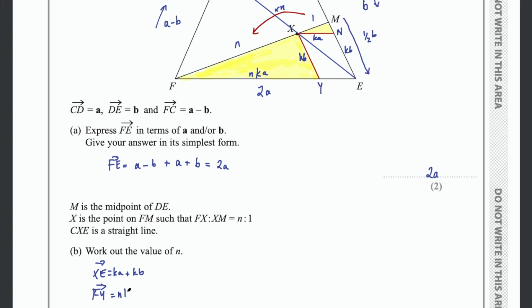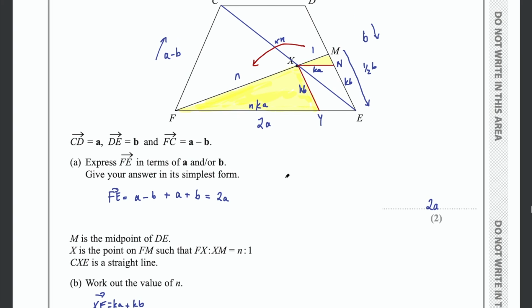Alright, so FY is NKA. And now I want to draw your attention back to these vectors, half B and 2A. So the ratio between the coefficients of 2A and a half B needs to be the same as NKA to KB, because they're similar triangles.